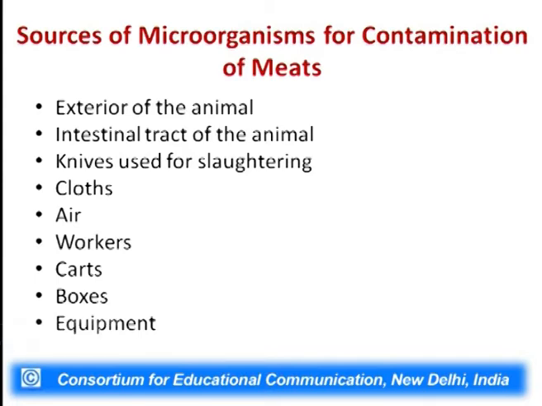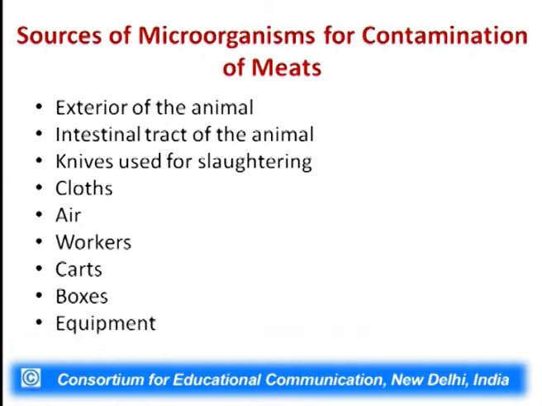What are the sources of microorganisms for contamination of meats? Exterior of the animal: animals, as well as humans, harbor microflora, which may be their normal microflora. So, microflora is present on the exterior of the animal.